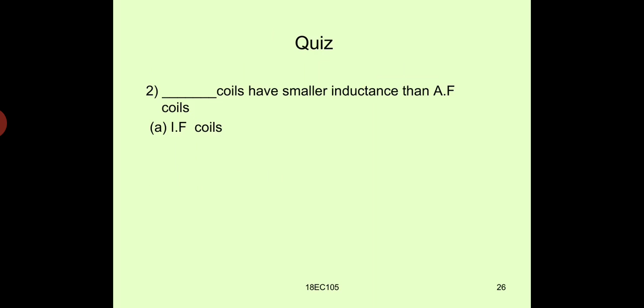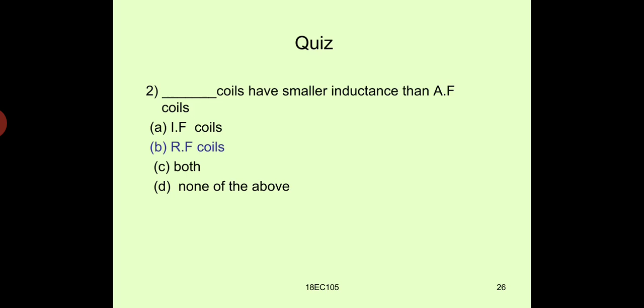Now let us see the next one. Dash coils have smaller inductance than AF coils. What is the right answer here? Let us see the choices. First is IF coils, second is RF coils, C is both, D is none of the above.